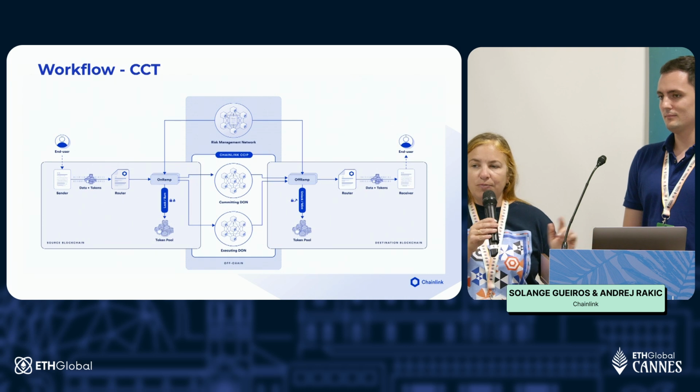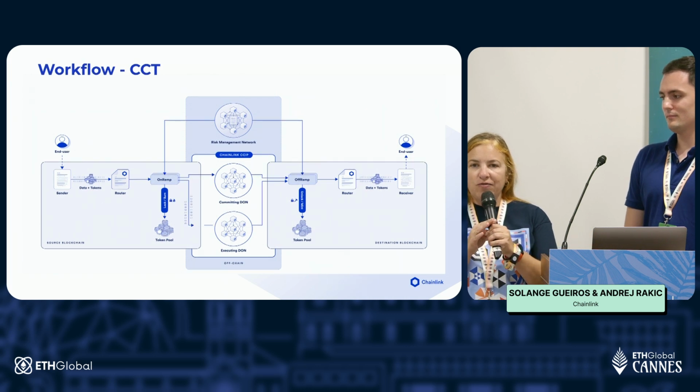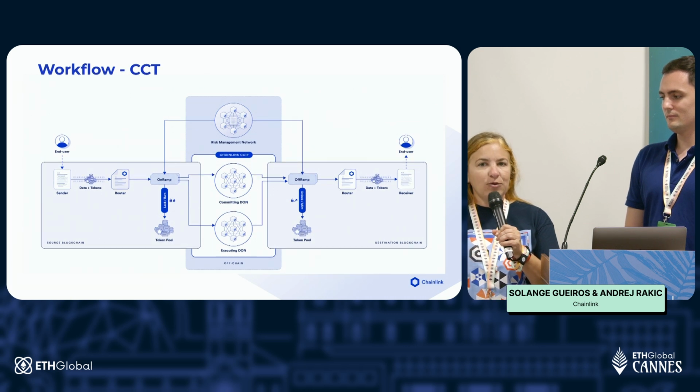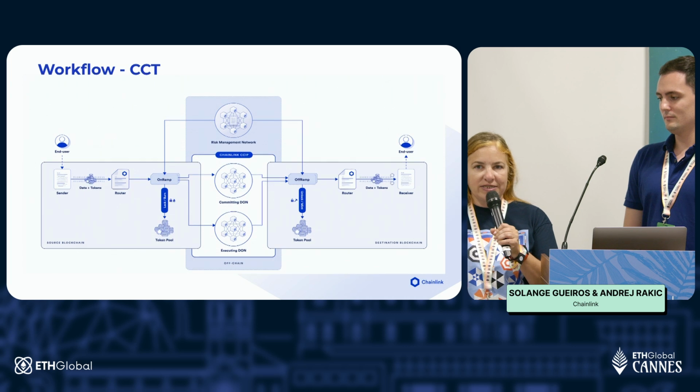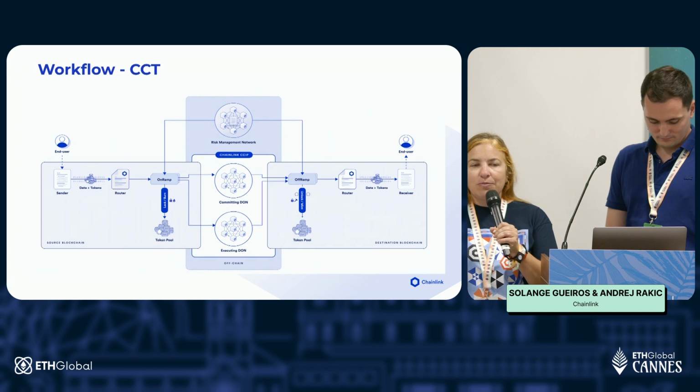And also, it's important for you to know that we have the off-chain part of this. It's totally secure because it's not only one decentralized Oracle network, but we have 3 different networks with a segregation of roles to be sure that this is not compromised like some bridges around.